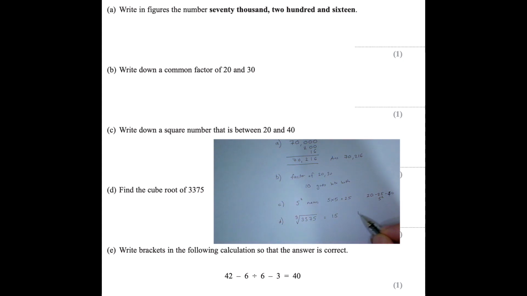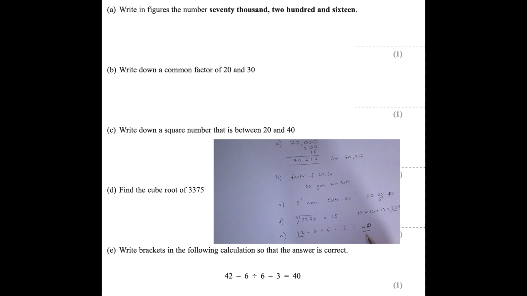Okay, and for the last part, I think this was quite a tricky question. We've got to turn 42 into 40, haven't we? Starting off with 42, we're doing some things to it, and then we have to end up at 40. So that tells me that if 42 take away something has to equal 40, then this 6 divided by 6 take away 3 had better equal 2, because 42 take away 2 equals 40.